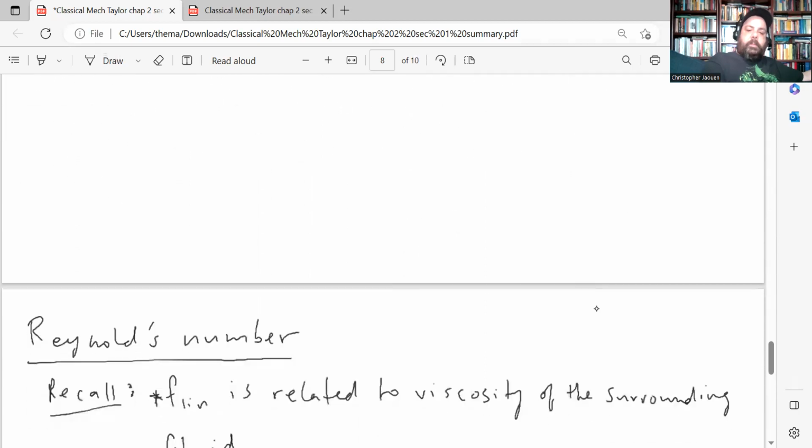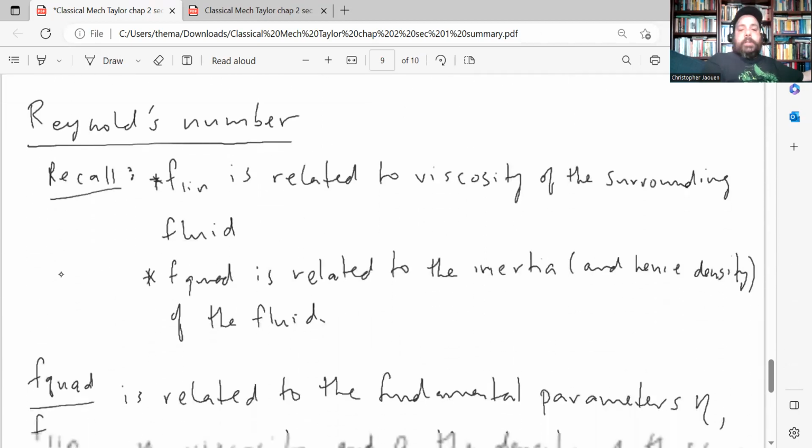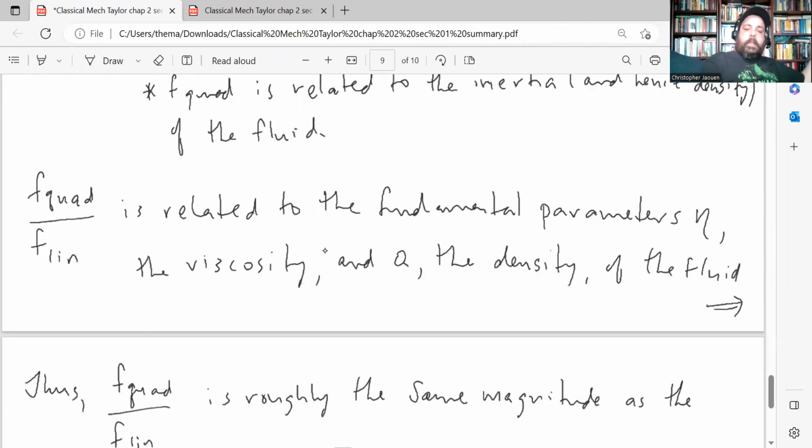Okay, last thing he talks about in this section is the Reynolds number, which is a quantity that allows you to decide which of those you can ignore in a particular situation. Recall that the linear drag is related to the viscosity of the surrounding fluid, and the quadratic drag is related to the inertia and hence the density of the fluid. So the ratio of the quadratic drag to the linear drag is related to the fundamental parameters eta, which is the viscosity, and rho, which is the density of the fluid.